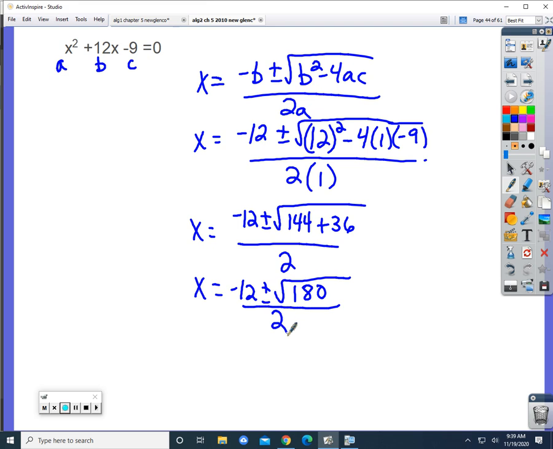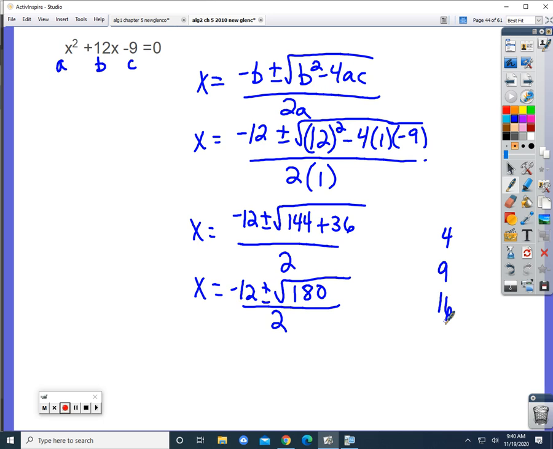all over 2. When we look at the square root of 180, you do need to think about perfect squares. So always start with the smallest one, which is 4, 9, and 16, and start checking to see if any of those will go into 180.